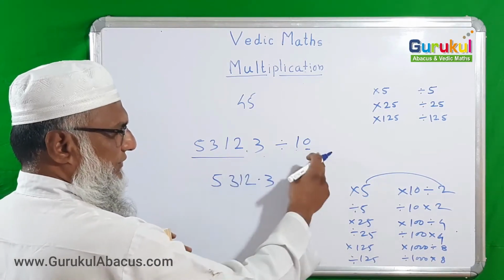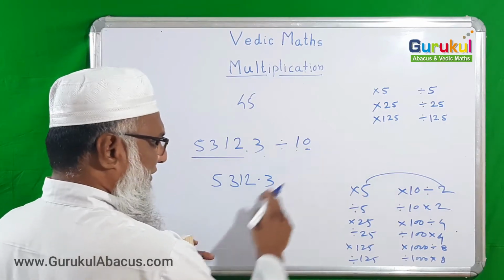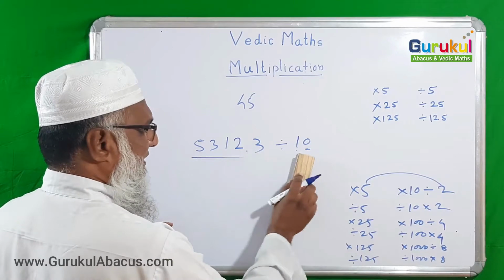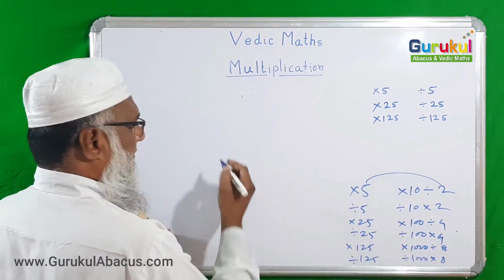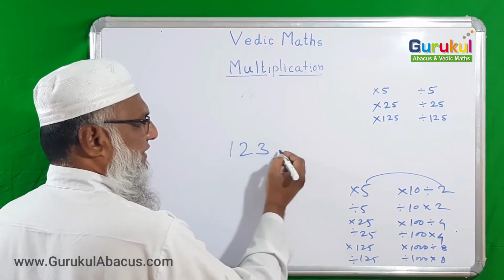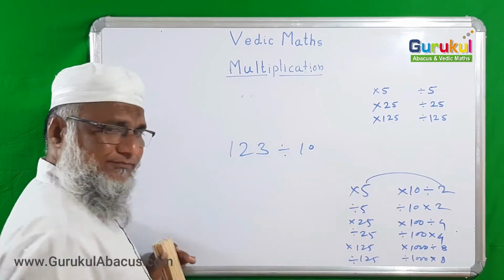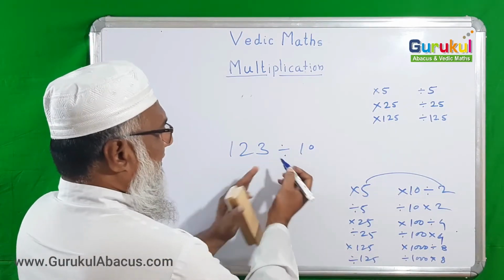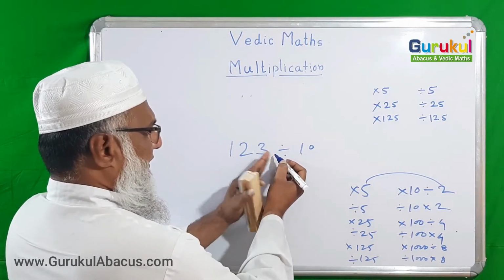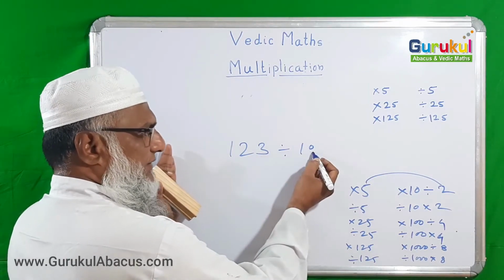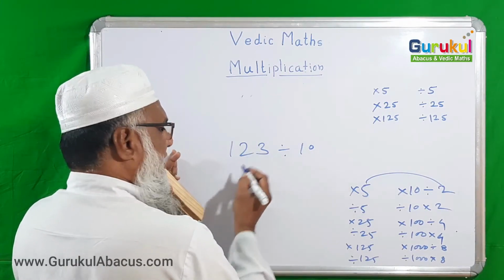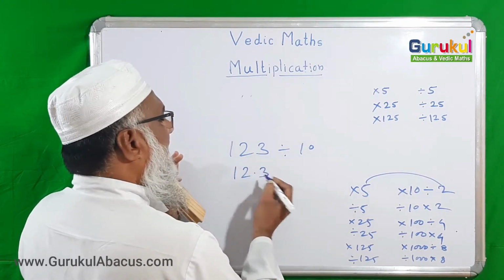Again, to understand this process, back again. Suppose you have 123 divided by 10. Dividing by 10 means just lifting your decimal point to the left side by one digit, because it has one zero. So from here you should put the decimal point here. So 12.3 is your answer.